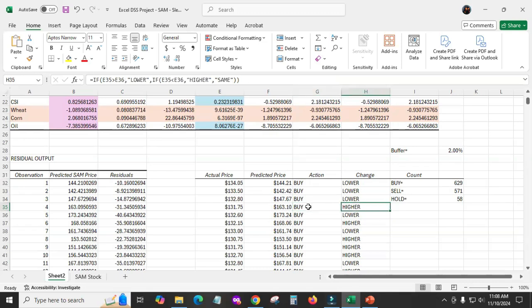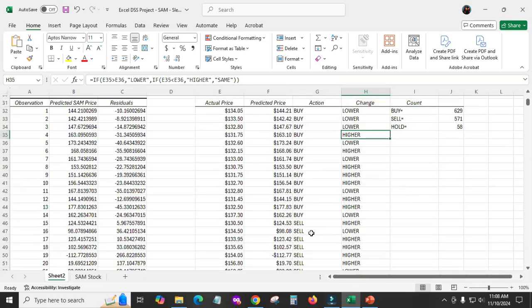But that's not the only true statement. We could have another true statement: sell and lower. If you were told to sell and then the price went lower the next day, that's a good thing. You sold basically before it went lower, because you have to remember this cell is looking at this day and the next day, one line down.